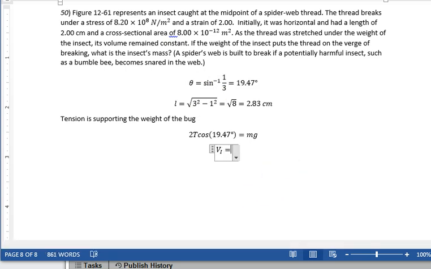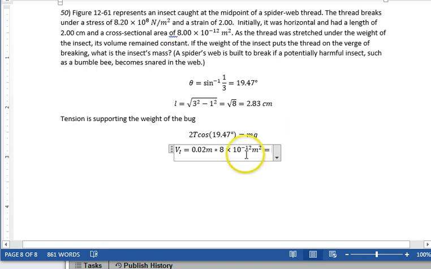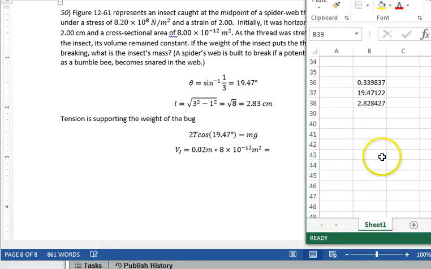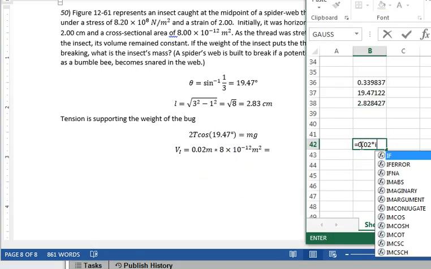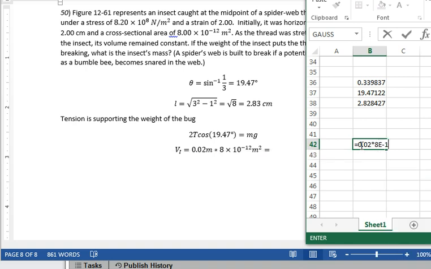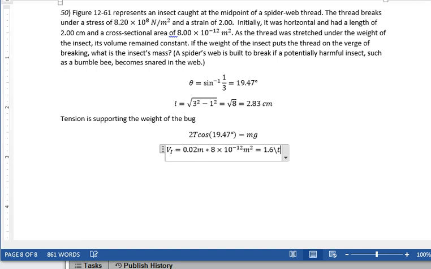We start out with a volume that is 0.02 meters, the initial length, times 8 times 10 to the minus 12 square meters, the initial cross-sectional area. So we get 1.6 times 10 to the minus 13 cubic meters. That's its initial volume.